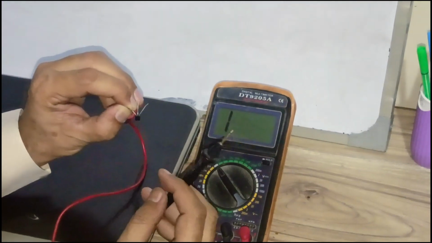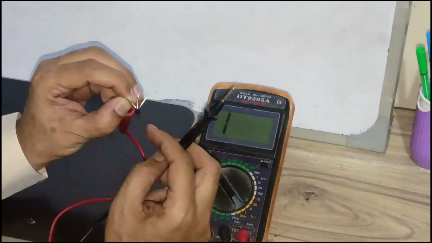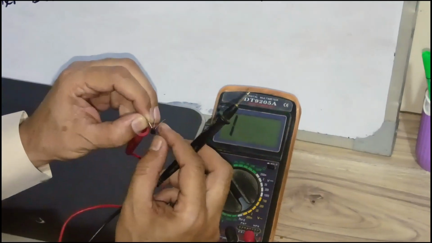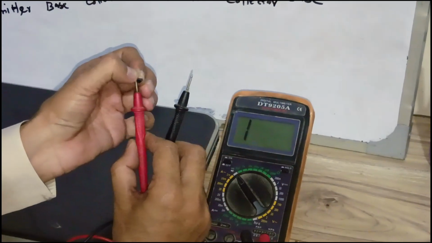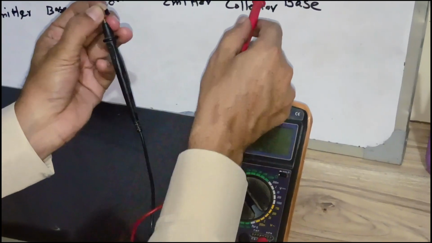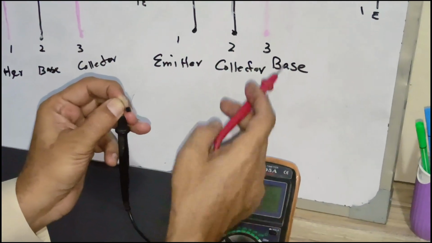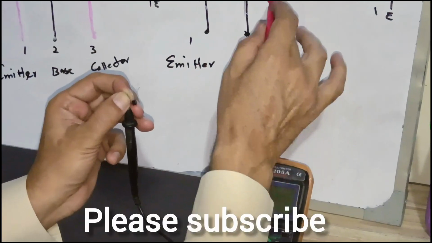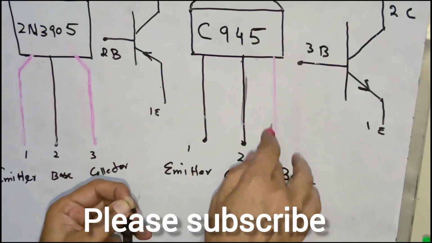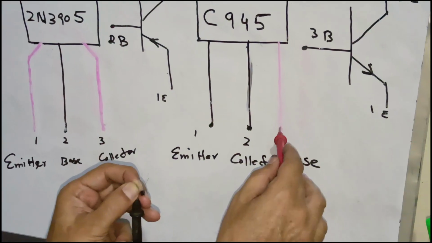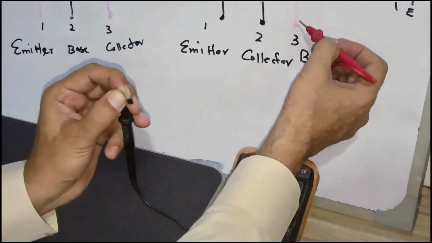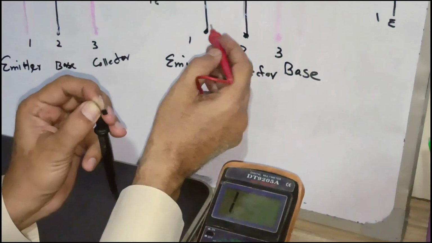If we want to check whether this transistor is okay or faulty, we will reverse. We put the negative probe on the base, and the positive probe on the other terminal.